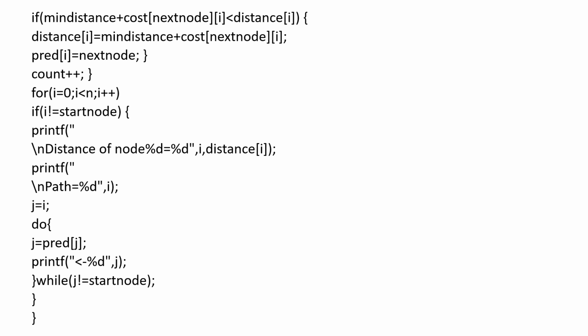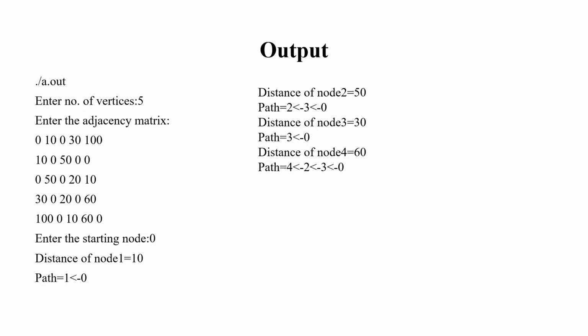Okay, now finally printf the distance of the node, which will be determined as distance[i]. So from which path it is coming, what is the predicted value, what is the original value that you're going to print, whether it is equal to the starting node that we have calculated. So all these will come, and finally you will be getting the output in the terminal.